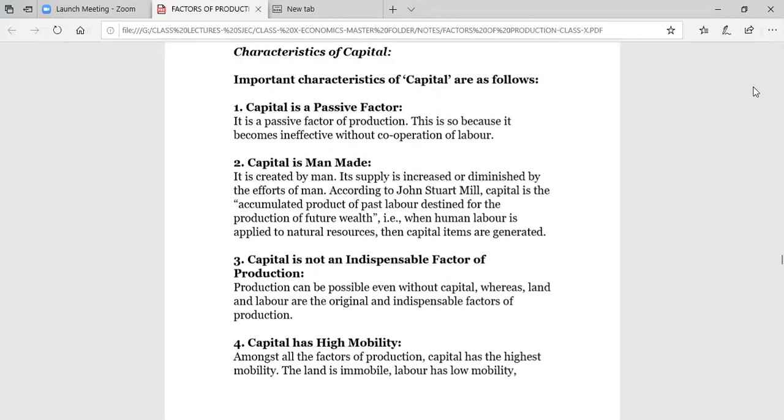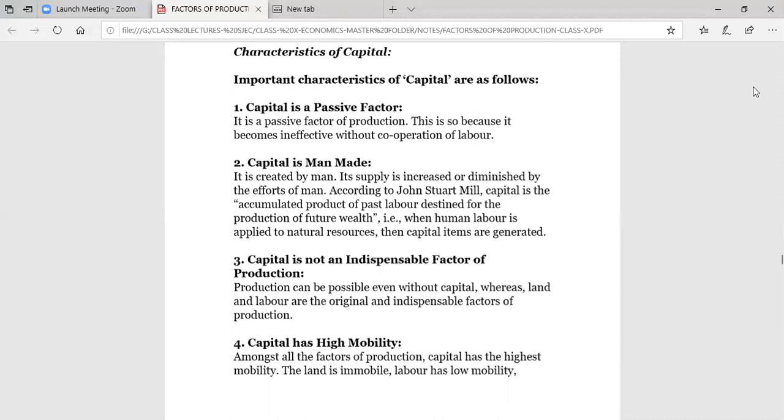Now, the question comes, what are the characteristics of capital? As we have gone through the characteristics of land and labor, let's start the characteristics of capital. Capital is a passive factor. Why is it passive? Because capital cannot do anything or produce anything on its own.